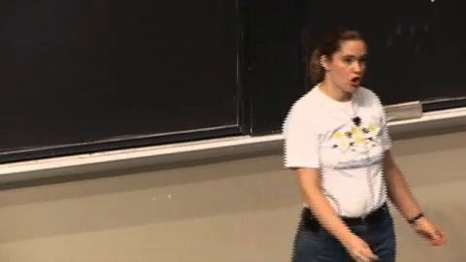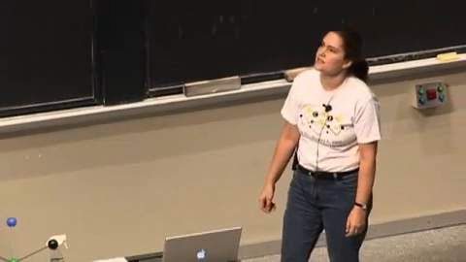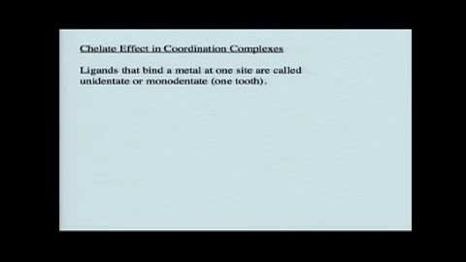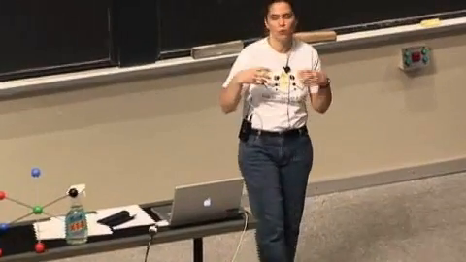So another term that you hear a lot when people are talking about coordination complexes is what's called the chelate effect. Ligands that bind to a metal at one point are called unidentate or monodentate, from dent, which is tooth, so one tooth.